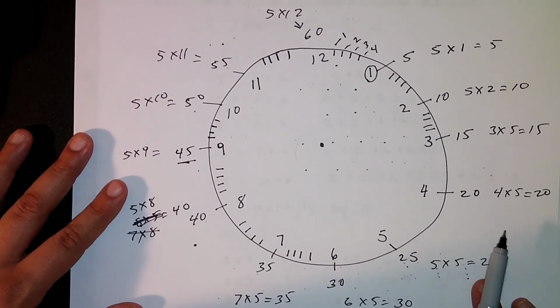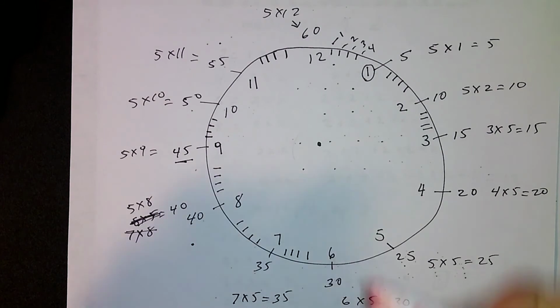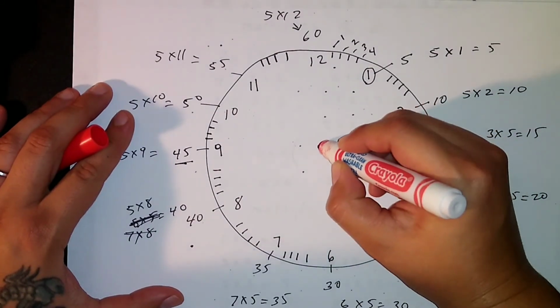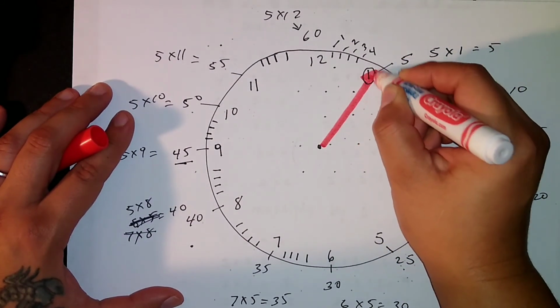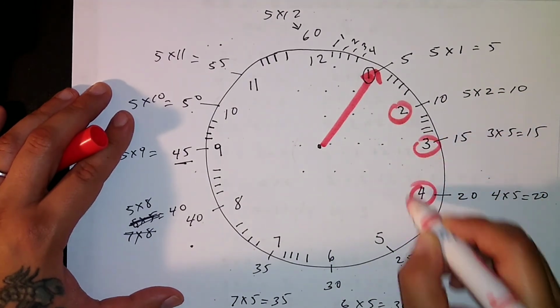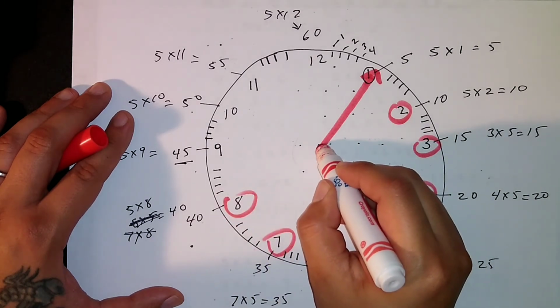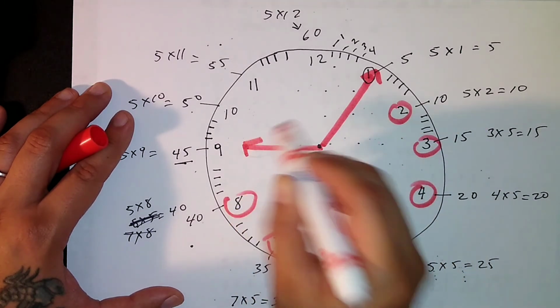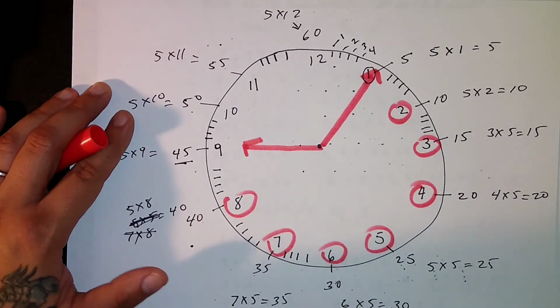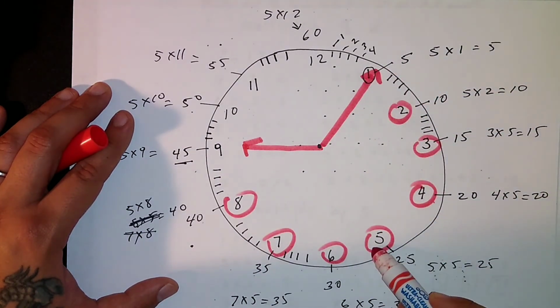So remember that your longhand will cover each one of these. And your shorthand won't reach each of these numbers, 1, 2, 3, 4, 5.